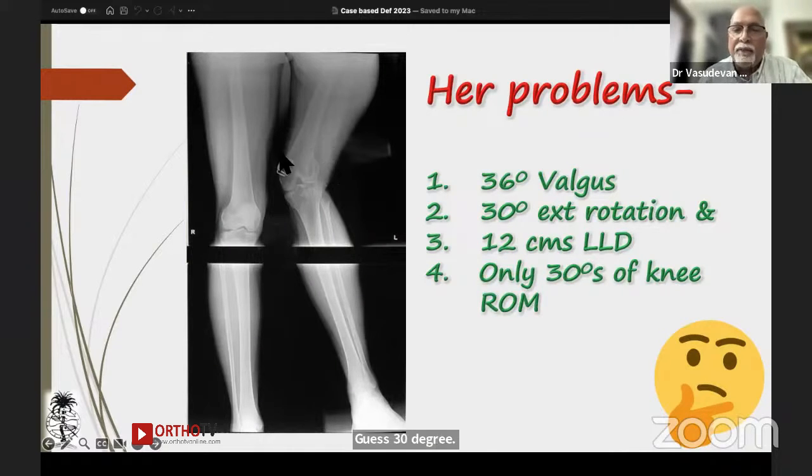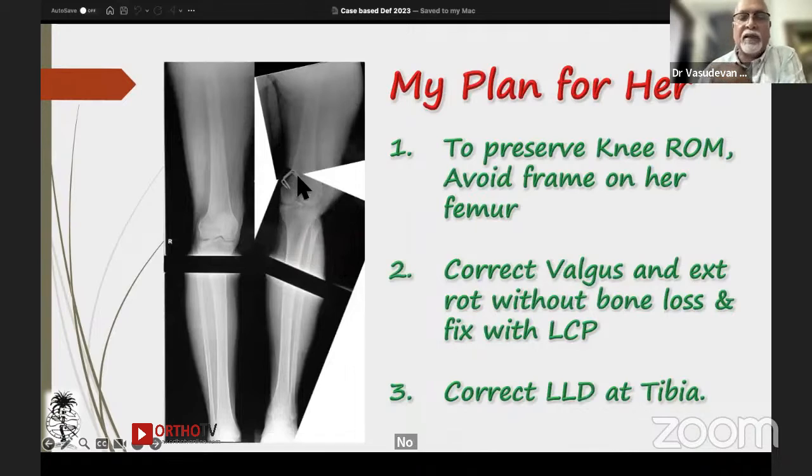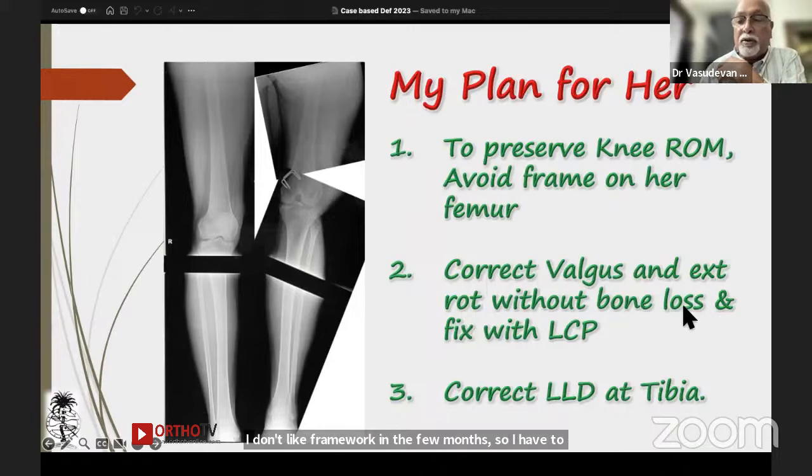So I don't want to do any femur frame on her. I have to save the 30 degrees of knee range of movement. Now, to preserve her knee range of movement, I must avoid a frame on her femur. As Hemant was mentioning, I don't like to frame the femur. So I have to correct the valgus and external rotation without bone loss.